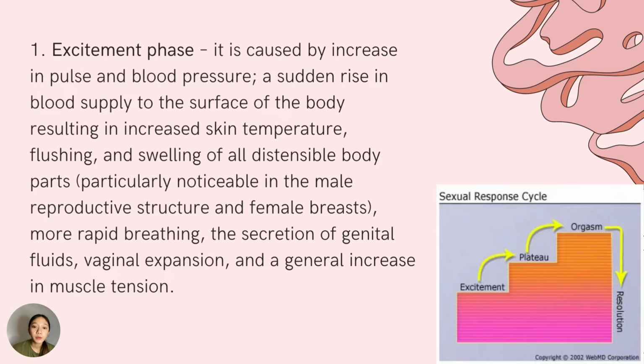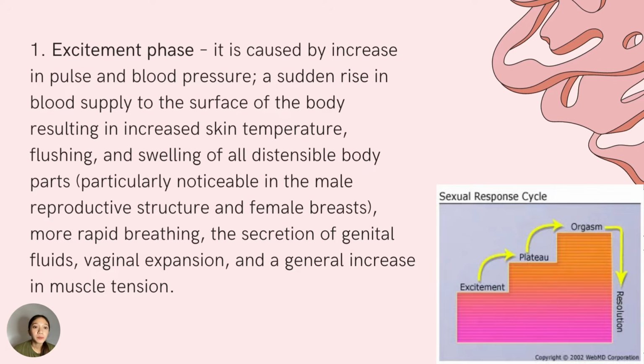Dito may chart tayo, picture ng mga stages. So excitement stage yung una. Ito yung nagwa-warm up na yung body mo sa sexual activity. Dito magsa-start mag-rise yung blood pressure and yung pulse natin.